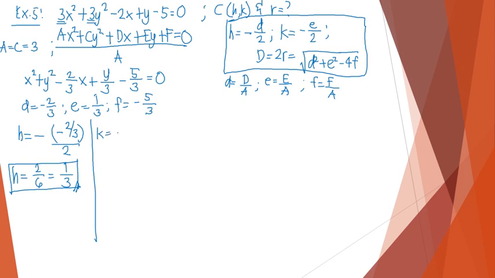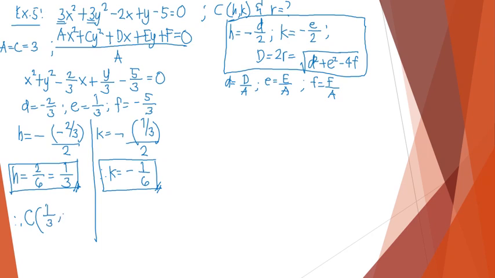K is negative e, where e is 1/3, over 2. Therefore, k is negative 1 over 6. So the center is (1/3, negative 1/6).